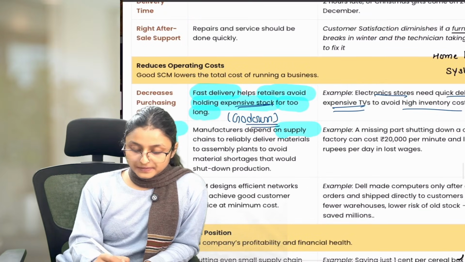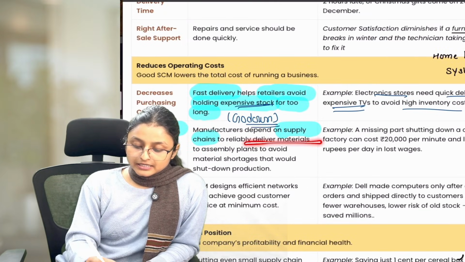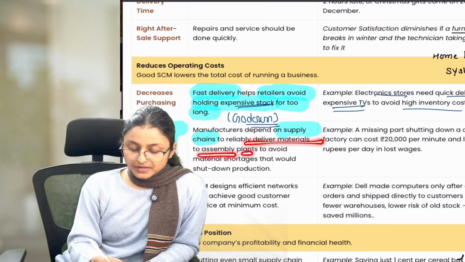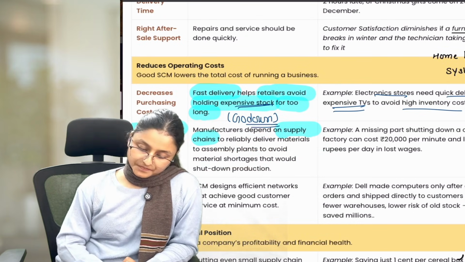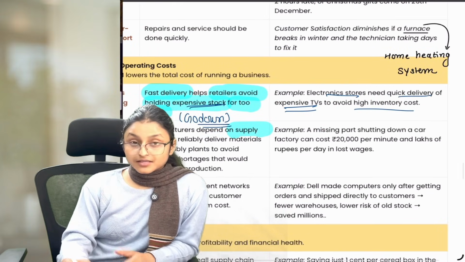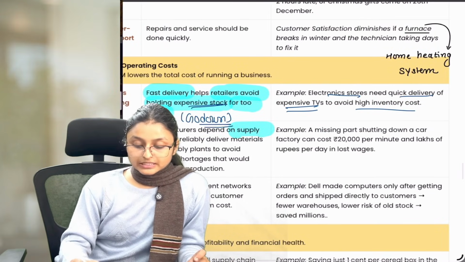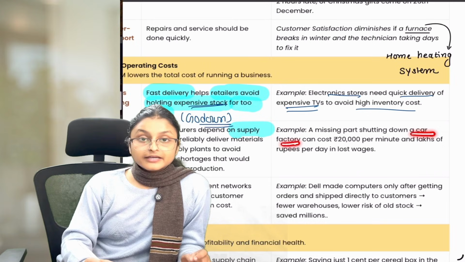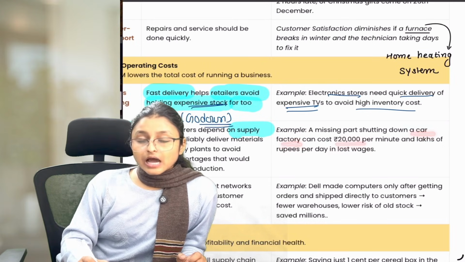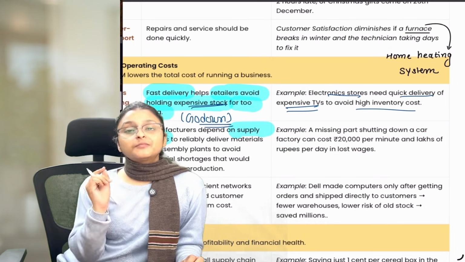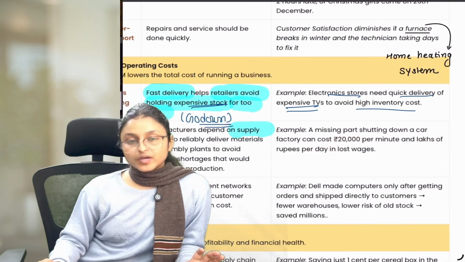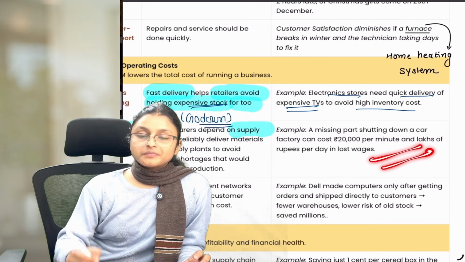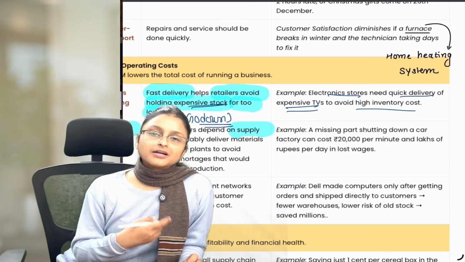Manufacturers depend on supply chain to reliably deliver material to assembly plants to avoid material shortage that would lead to shutdown of production. A missing part, think about it. If there is a missing part in a car factory, it can cost around 20,000 rupees per minute and lakhs of rupees per day in lost wages if you are not producing at that time because the part is not available.